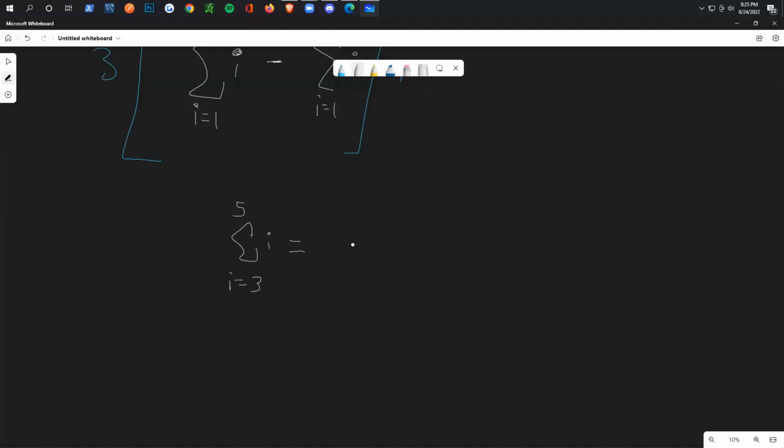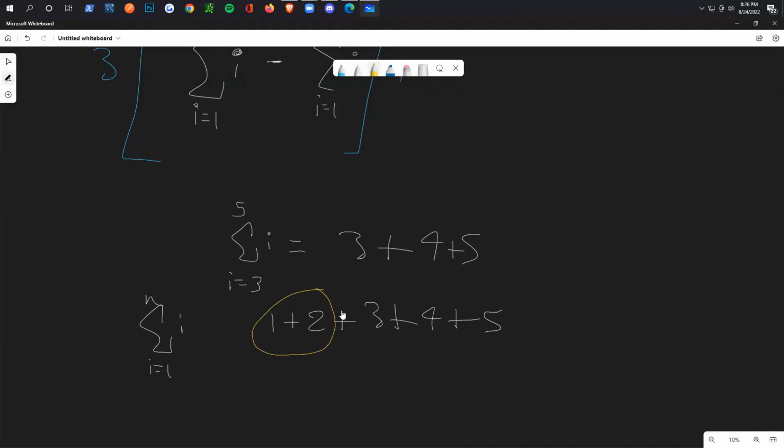Easy way to get the formula, because this really represents 3 plus 4 plus 5, we can use the regular formula starting from 1. So 1 plus 2 plus 3 plus 4 plus 5. We can end up getting 3 plus 4 plus 5 from the formula if we subtract out what comes before 3, starting from 1. So if we subtract this out, then we have what we need.